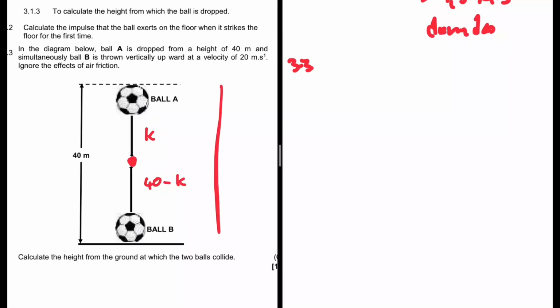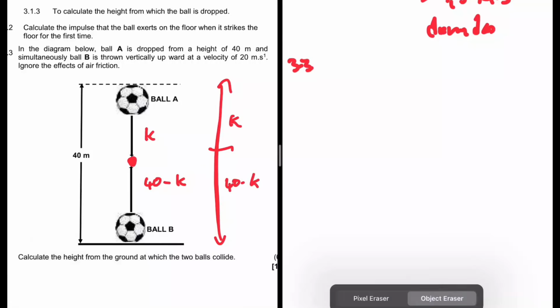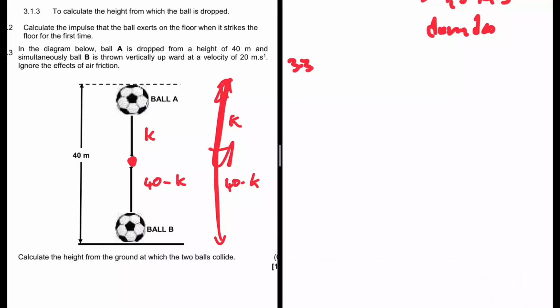Because this entire thing is 40. So if ball A has traveled k, and the entire thing is 40, ball B should have traveled 40 minus k, so that when we add these two values, we get 40, right? So that is the first part that you need to understand. It's very crucial that you understand that part in these kinds of problems, right?